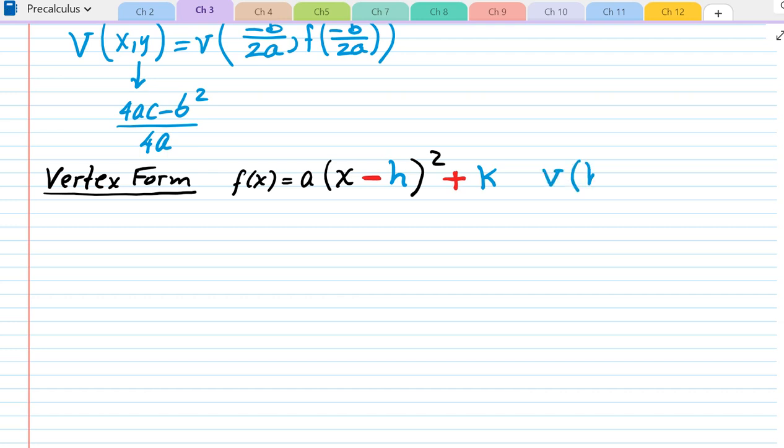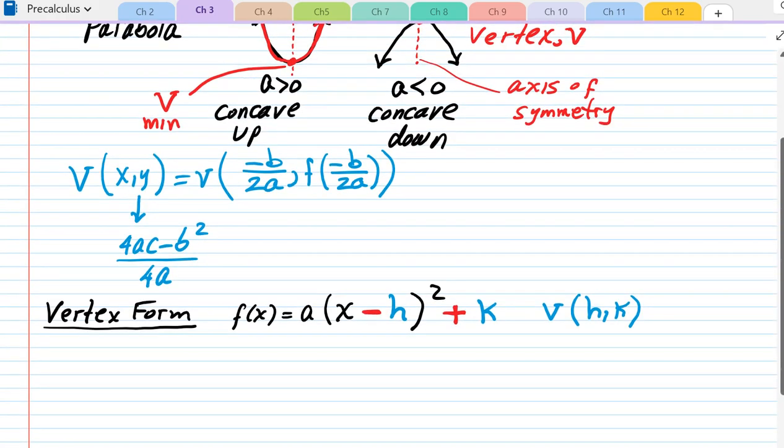So the vertex is at (h, k). In this case, you don't need a formula for h and k like we did up here. We had a formula for a vertex that would be the h and k, by the way. But we get it directly from the form of the function, the way the function looks.